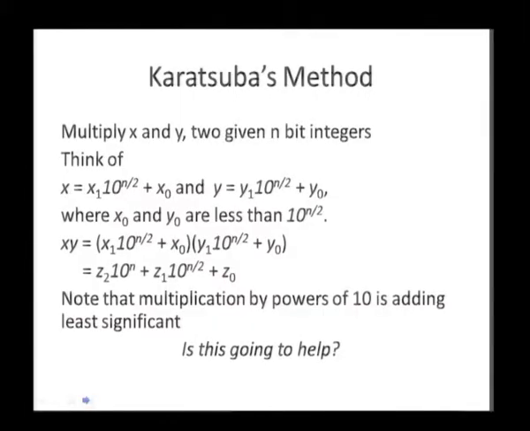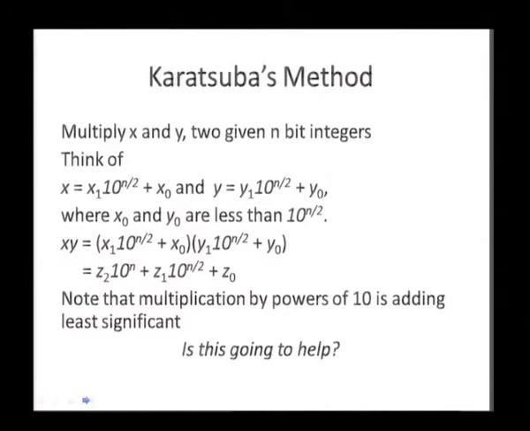So, we have already seen a very straightforward method. Let us do something more sophisticated and interesting and exciting, and this is Karatsuba's method. Let us recall the whole exercise.